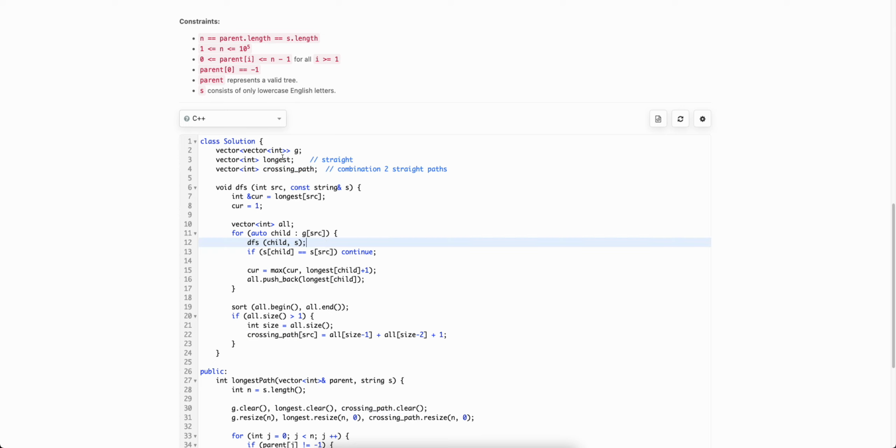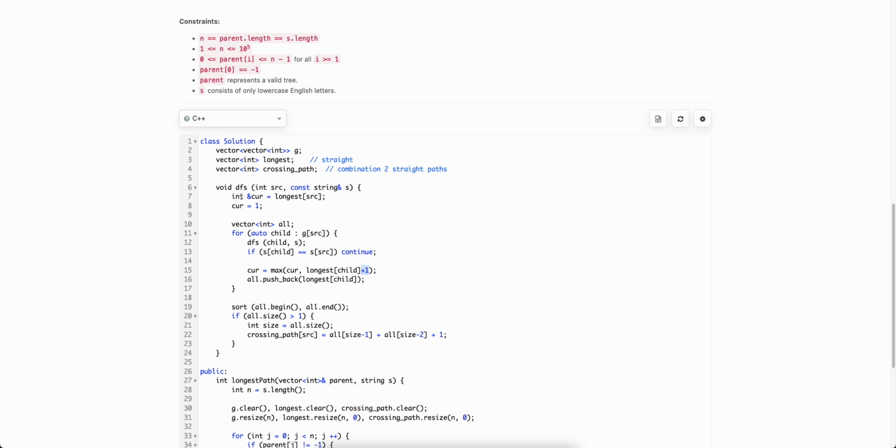Once we calculate everything for the child, we check whether the character of the child equals the current character. If it does, this child is of no use for calculating the value for myself, so just continue. Otherwise, for the longest path, take the maximum of the child's longest path plus 1. The plus 1 is for the current node.